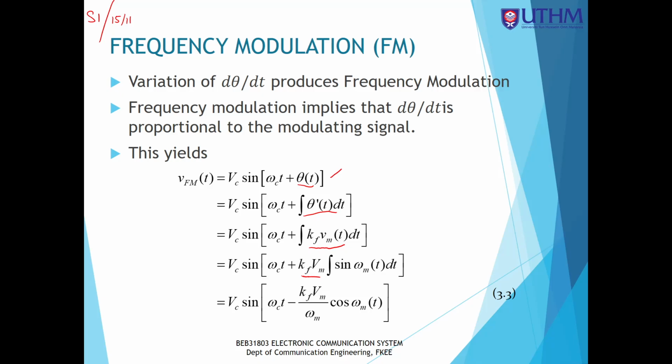Vm is the peak amplitude of the message signal, and then we can do the integral of sine omega mt. Integral of sine, we get negative cos over omega m. So this is the general equation for vFM(t). And remember to do the big bracket.